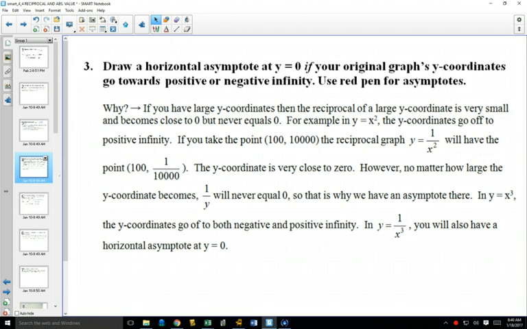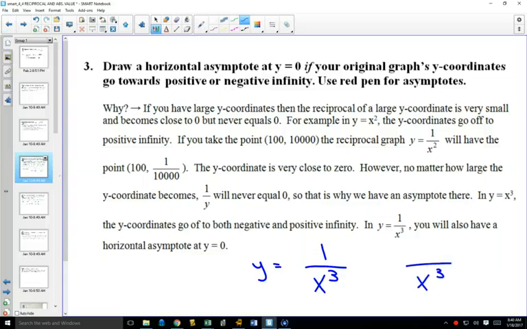Now, if you look at 1 over x cubed, you could also use the technique that we used in chapter 2 to find horizontal asymptotes. Remember in chapter 2 we would say, well, what's our highest degree of x, or what's our highest power of x? x cubed. We have 1 x cubed on the bottom.